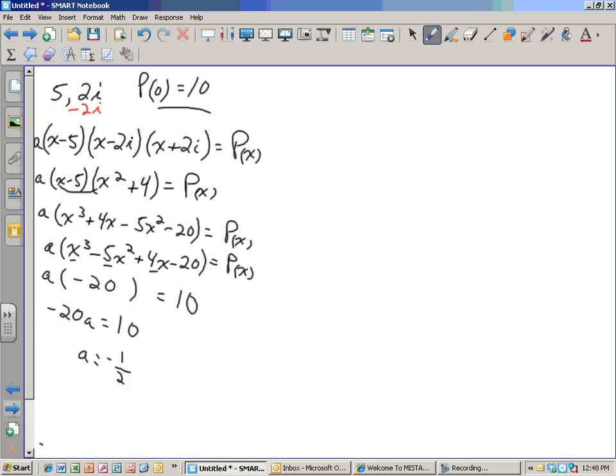Okay. So the polynomial with zeros at 5, 2i, and negative 2i, such that p of 0 equals 10 would be the negative 1/2 that we just found, because I'm going to put that in right here, times x cubed minus 5x squared plus 4x minus 20.